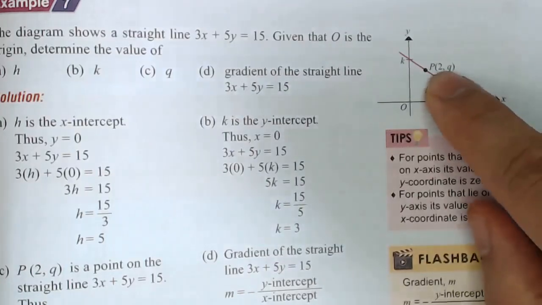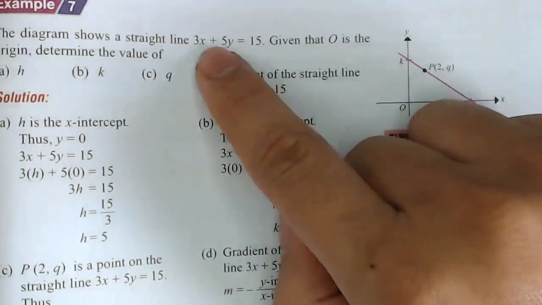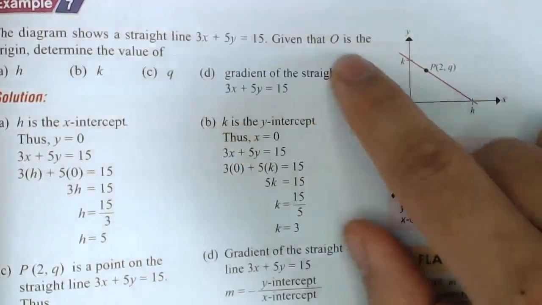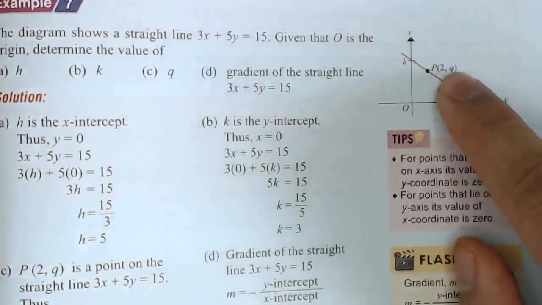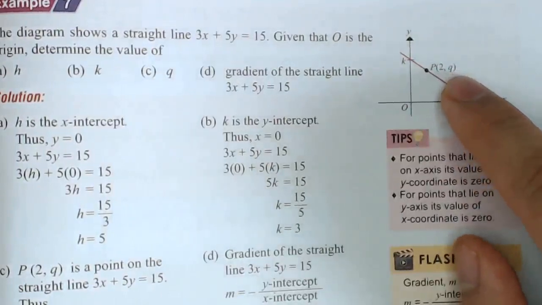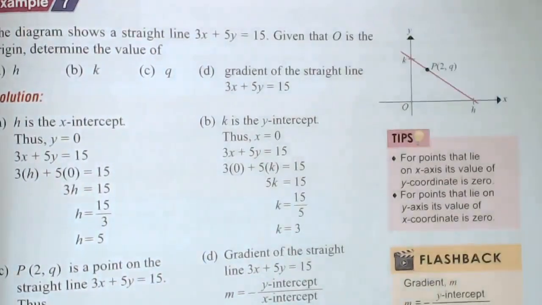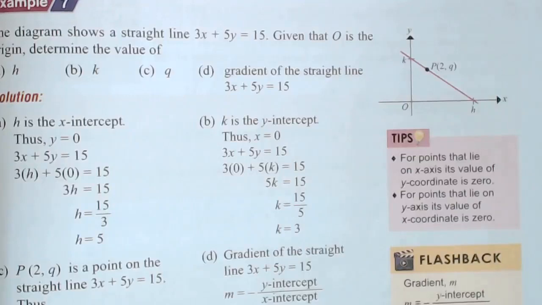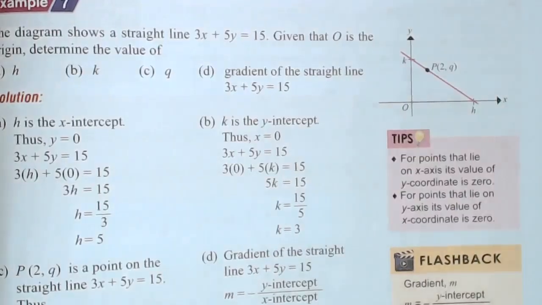If we substitute this value of X here, then we can find the value of Y in this coordinate that we need to find, that is Q. That is the idea. To learn, you just need to find the correct idea. That is to learn. Okay.